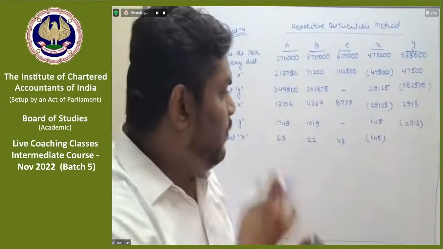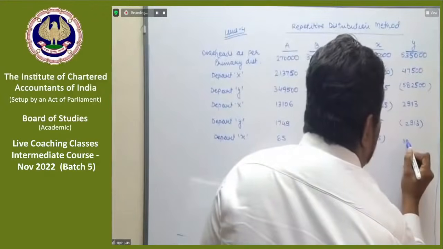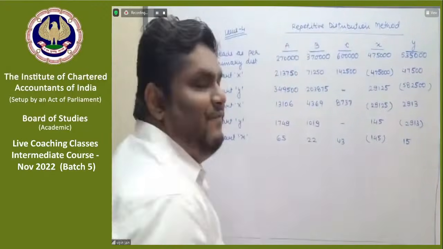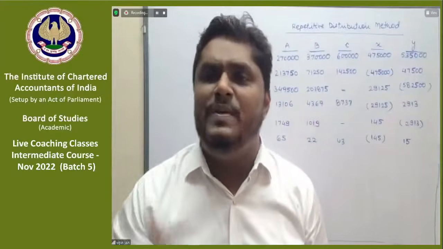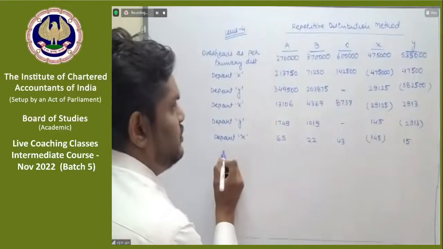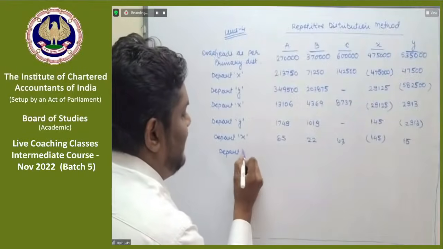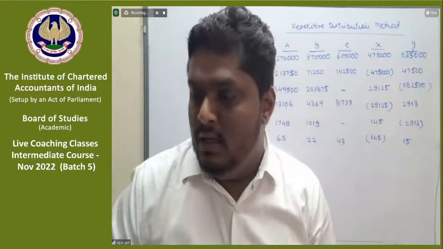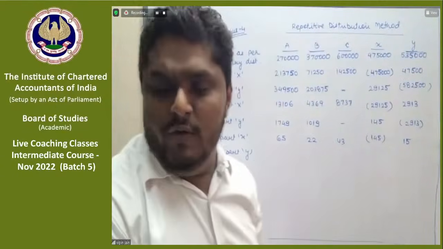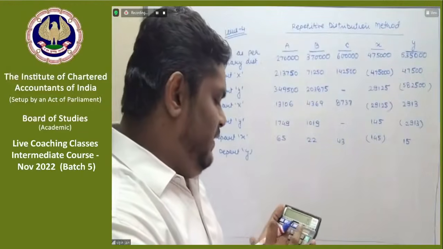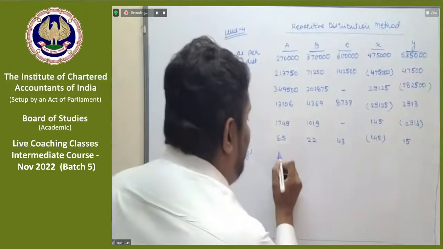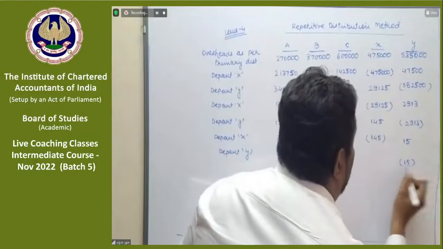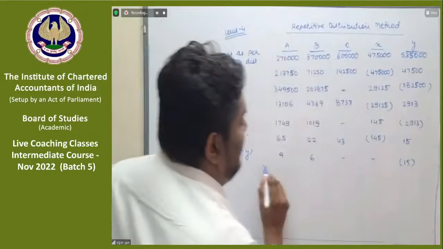And the last amount will be 14.5. So let's assume as 15. Now, since the figures are in the range of 10 to 20 rupees, 30 rupees, so this will be the final distribution. So let's distribute the overheads of department Y again. So 15 will be distributed only to A, B, and C. So the overheads of Y are distributed in the ratio of 60:35. So 15 into 60%. So this will be 9 and this part will be 6. So now we are done with the distribution.